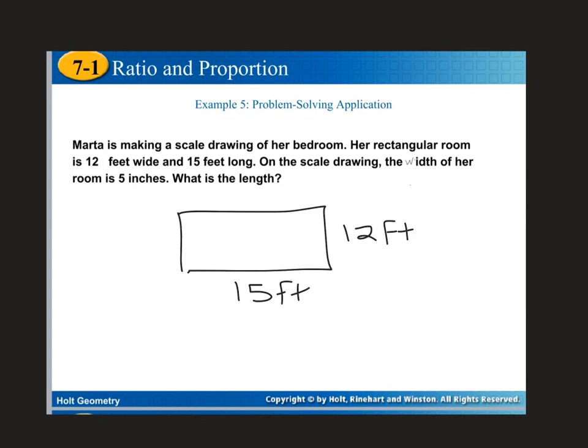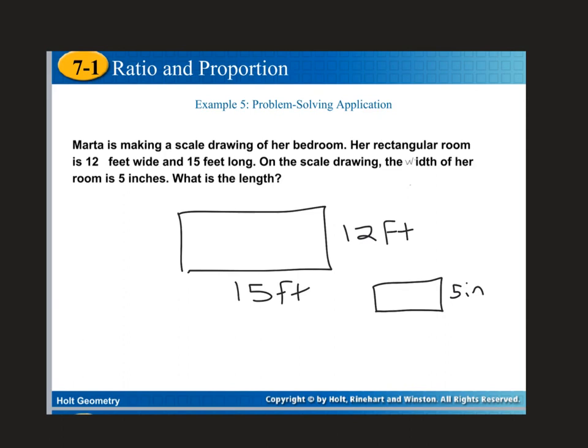Even though in her drawing it's going to be smaller, so here's her rectangle on her drawing, it says the width of her room on the drawing is 5 inches. It's okay in this case that the actual values are in feet and the scale is in inches, because the inches will cancel out with inches and the feet will cancel out with feet.